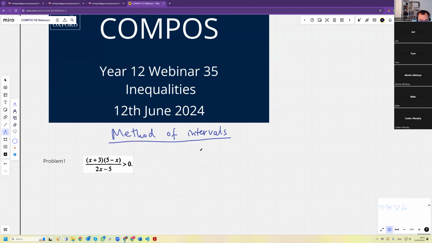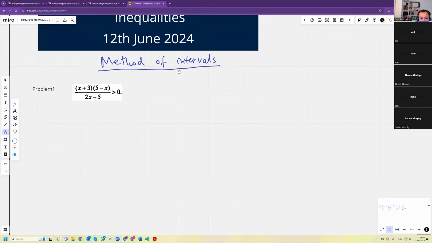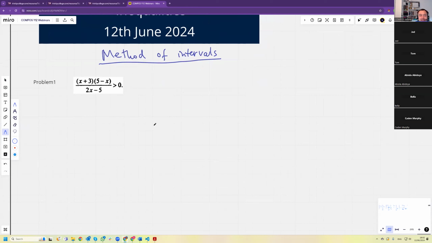Now, the method of intervals is so easy to use that this inequality that you see in front of you, problem 1, can be solved by, well, I don't know, a trained monkey. It's so simple to use, and for some bizarre reason, it's not taught in school.